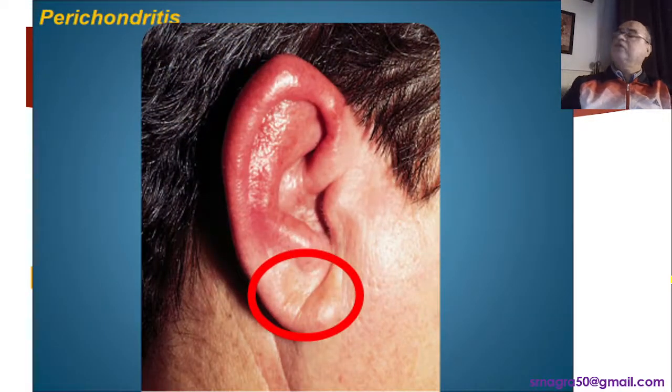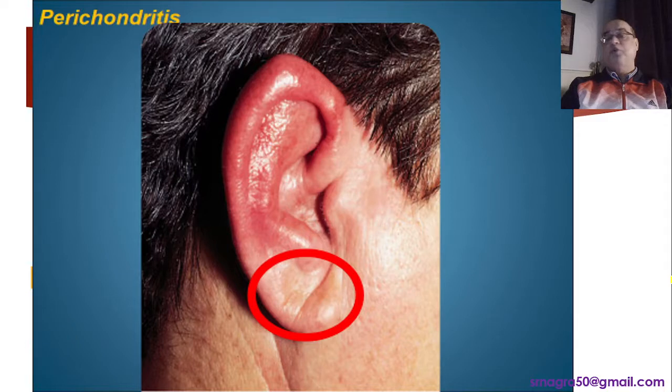Again, in the circle you can see that the whole of the external pinna has congestion and redness, but the skin overlying the lobule is normal. So it shows that this is underlying perichondritis, not a superficial skin infection, because if it were a superficial skin infection, it would have involved the whole of the skin.